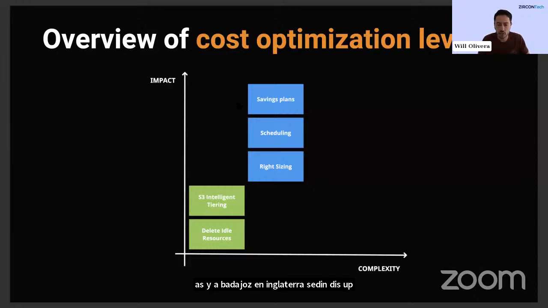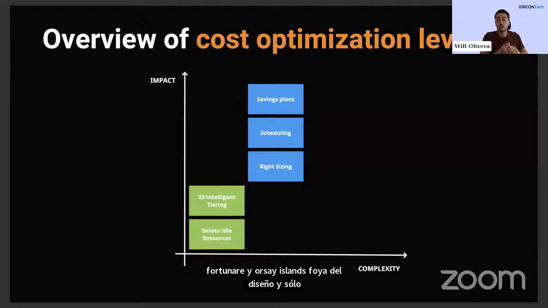And hopefully you will see during the demos that it is super easy to set these types of things up. So I would say the complexity is more about understanding the concepts and being careful, mainly with right sizing strategies and scheduling, and also preparing for your savings plans. So this is a way to categorize the different strategies. So in a second level of optimization, I decided to put 3 other strategies.